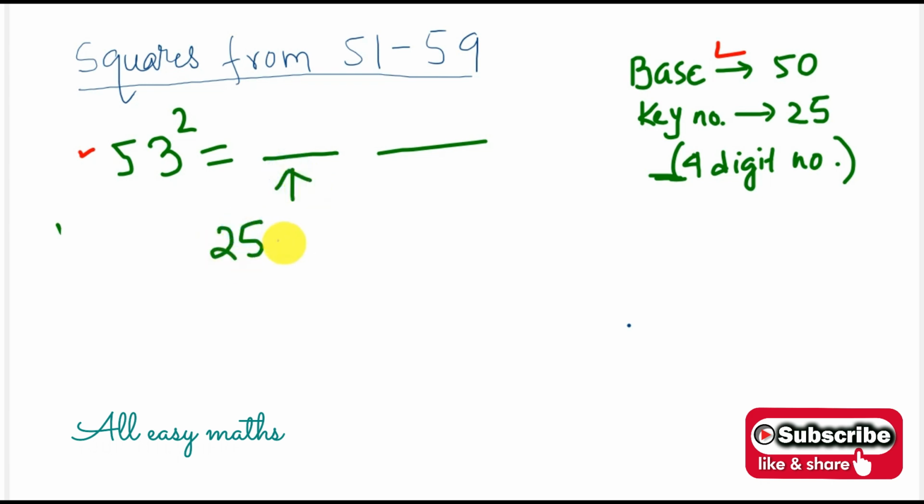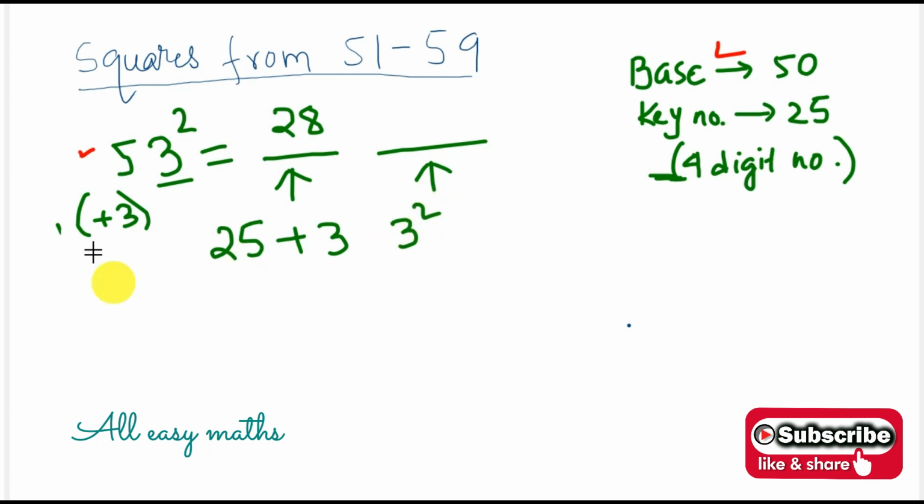What is the key number? 25 plus the extra part. 53 is 3 greater than 50, so we have to add 3 to the 25, so it will be 28. The first 2 digits are 28, then the last 2 digits are that extra part squared. 3 square is 9, but it's a 4-digit number, so we give 0 in front of 9. So the answer is 2809. Hope you understand up to this.